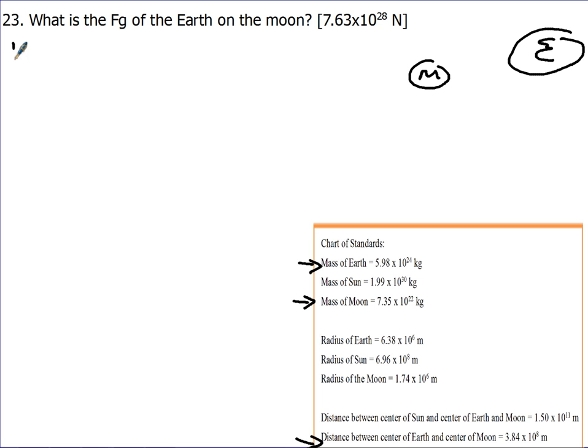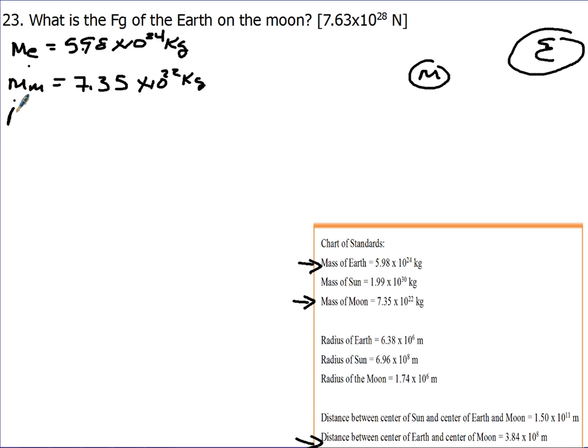The mass of the Earth is 5.98 times 10 to the 24th kilograms. The mass of the moon is 7.35 times 10 to the 22nd kilograms. And r, the distance between the Earth and the moon, is 3.84 times 10 to the 8th meters.